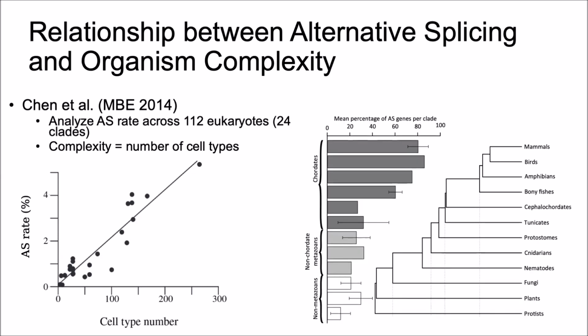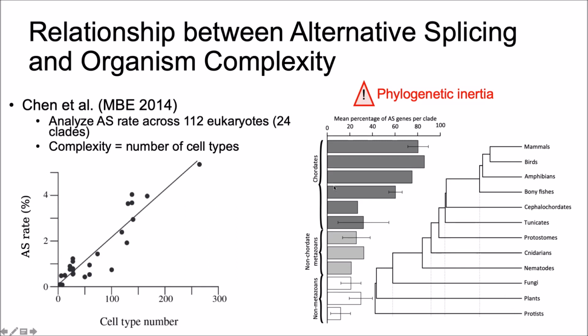This correlation, however, has to be interpreted with caution because of the issue of phylogenetic inertia. Here is another figure from their paper where they represent their result in a different way. Here you have the phylogeny of the taxa that they analyzed: vertebrates, different invertebrates, fungi, plants, and other unicellular eukaryotes.